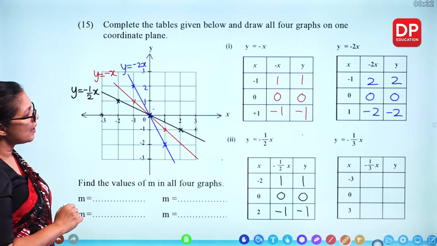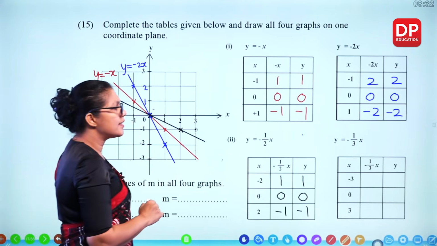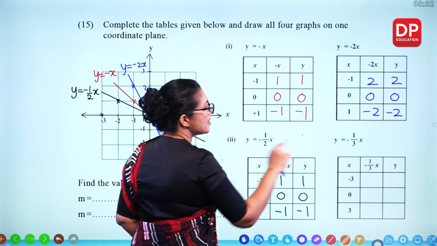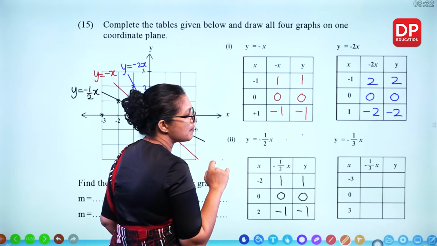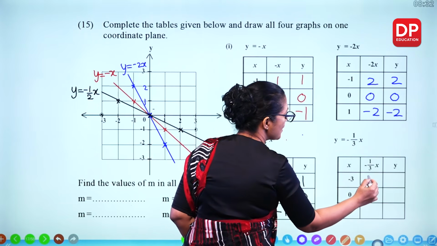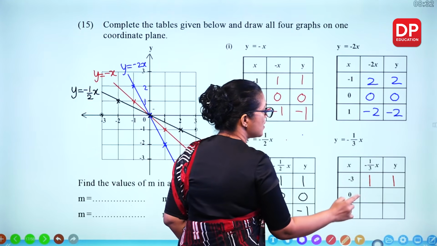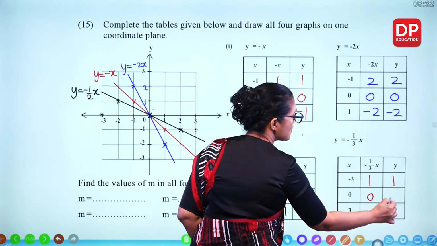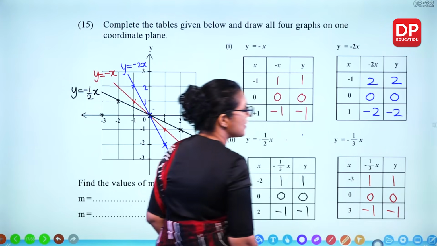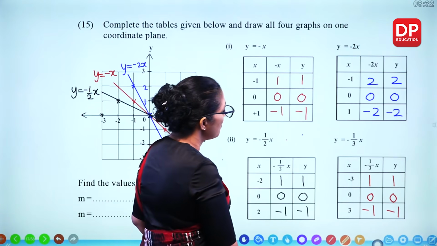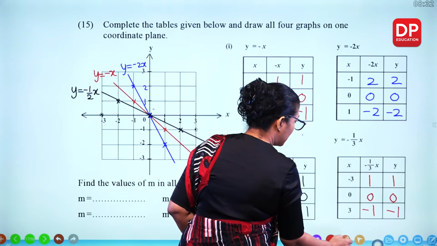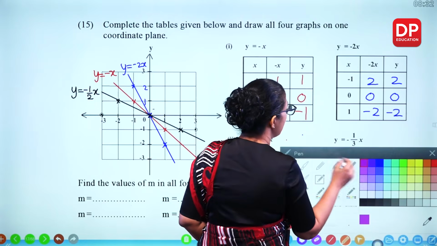Now the other one, y equals -1/3 x. Better to take multiples of 3. -3 divided by -3 gives positive 1. 0 divided by 3 is 0. 3 divided by -3 gives -1. Now I'll take pink.